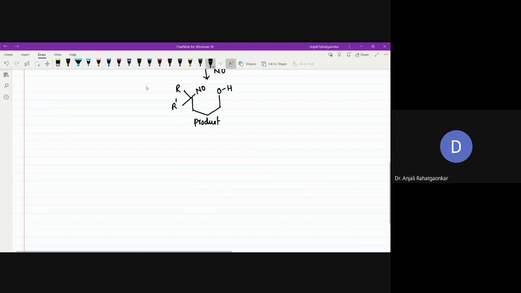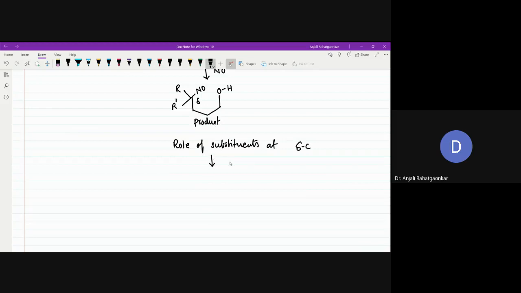Now, which type of chemistry? Like the role of substituents at the carbon atoms, the role of substituents at this delta carbon atom. So which substituents are on the delta carbon also makes it easier for you to proceed with the reaction.